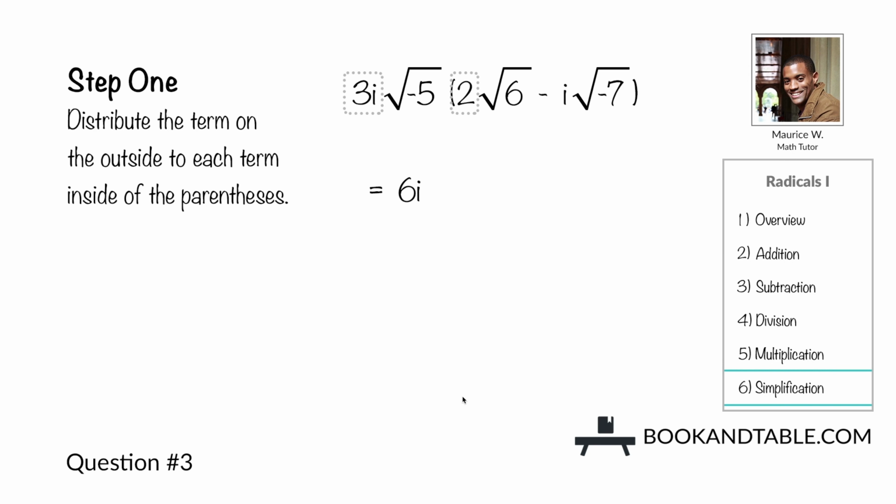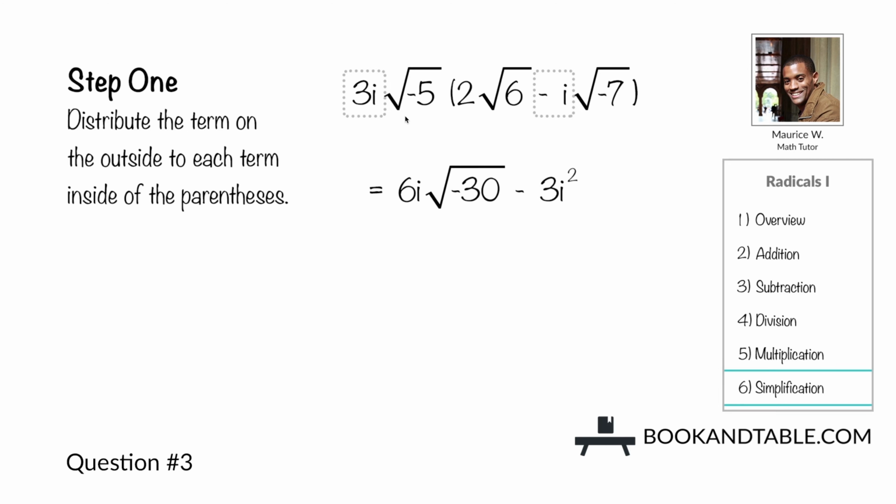Question number 3, we had to distribute our term on the outside to each term on the inside of the parentheses. Step 1, distribute the term on the outside to each term on the inside of the parentheses. So we multiply our coefficient, 3i, times our first coefficient 2, which gives us 6i. We then multiply the radicands of those terms. Negative 5 times 6 gives us negative 30.